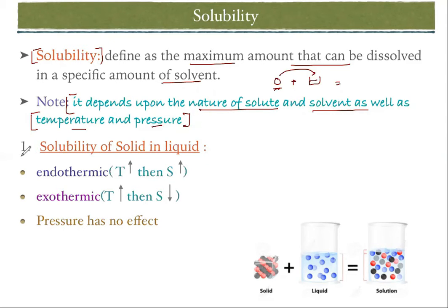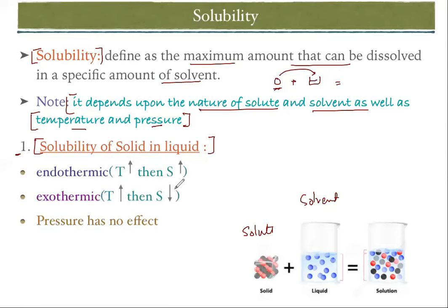Now let us start with the first point. We are going to see the solubility of a solute in a liquid. Here you can see this is the solute and this is our solvent. We are adding solute and solvent. Our solute is in solid state, whereas the solvent is in liquid state.